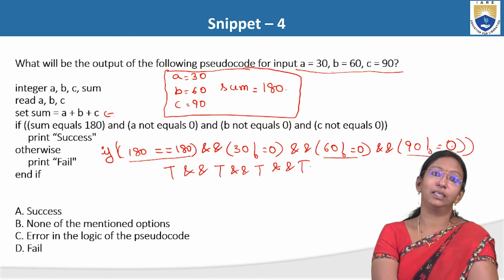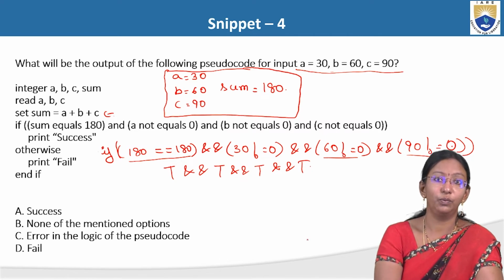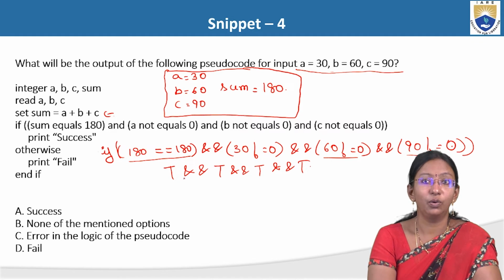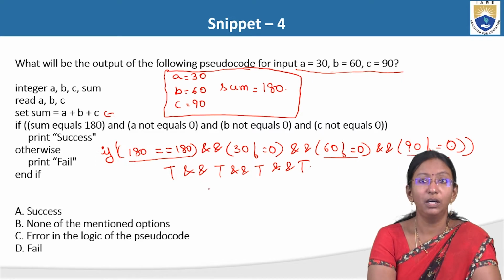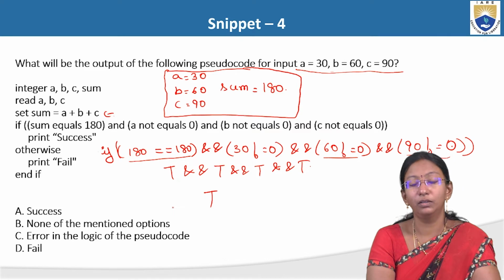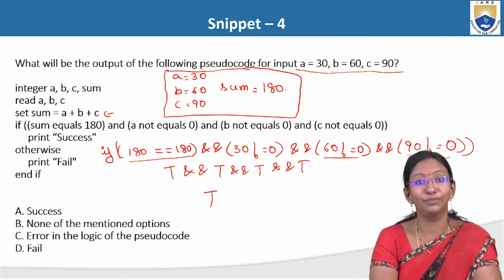So as they are concatenated with a logical AND operator, what will be the result, guys? AND always says that if all the conditions are true, the result will be true. Even if at least one fails, the whole condition fails, right? But here, by God's grace, all the 4 conditions are true, so our result is true.